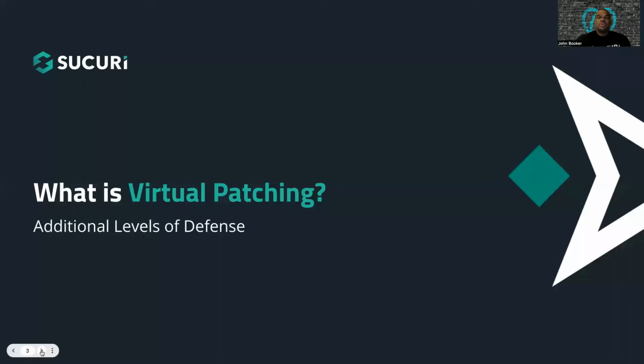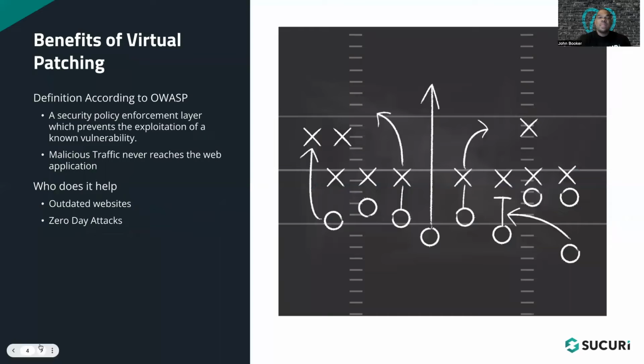Awesome. So let's start with what is virtual patching. According to OWASP, virtual patching is defined as a security policy enforcement layer which prevents the exploitation of known vulnerabilities. The virtual patch works since the security enforcement layer analyzes transactions and intercepts attacks in transit. This means malicious traffic never reaches the web application.